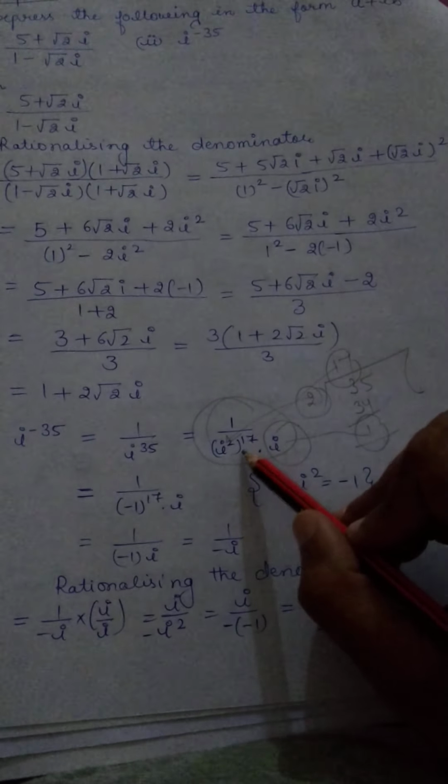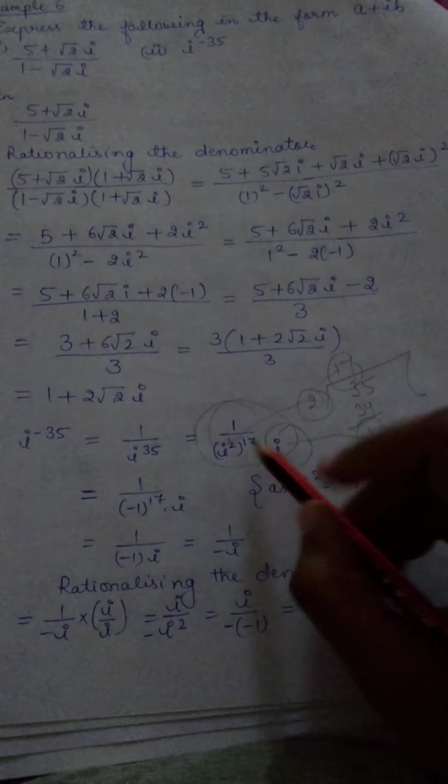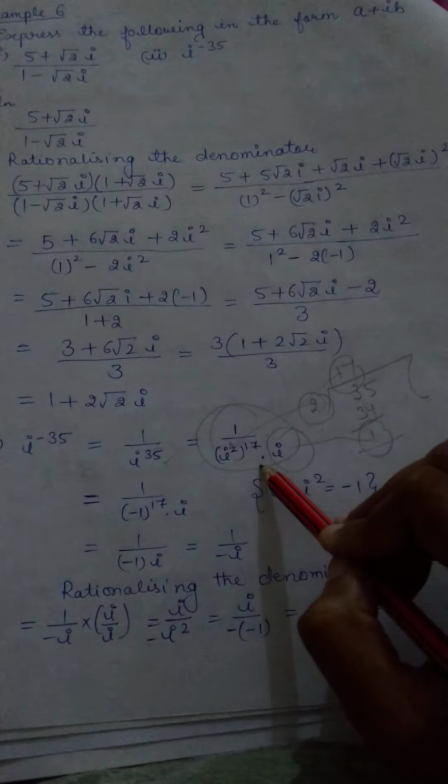So bache, when you cross check it, you will get 2 into 17, that is 34, and 34 plus this iota with power 1 will give you back 35. Why have I simplified like this? Because I know the value of iota square. If I put it in, my question will be solved easily. Clear bache? And after this, that is just your exercise.